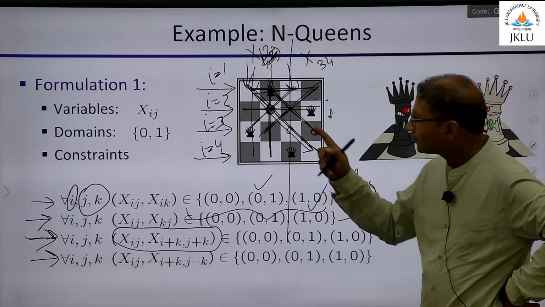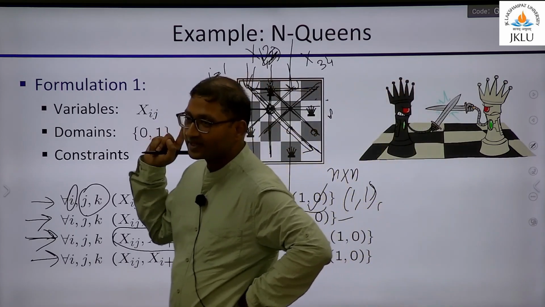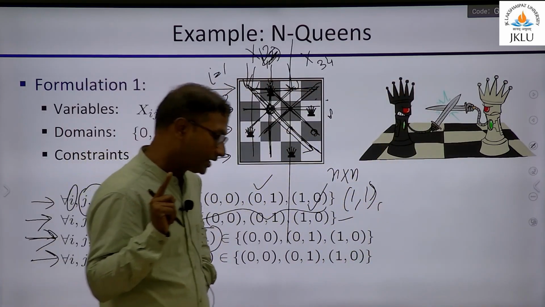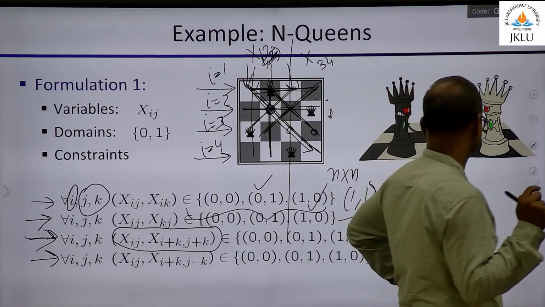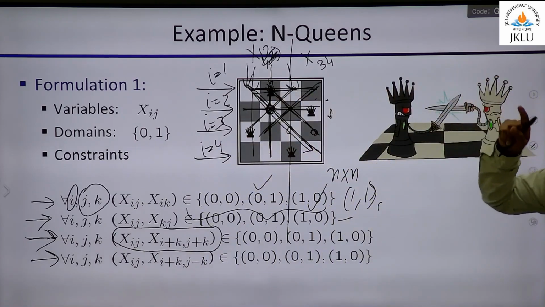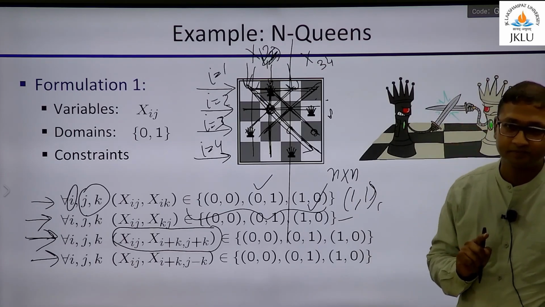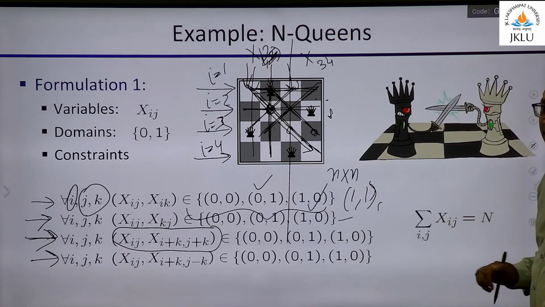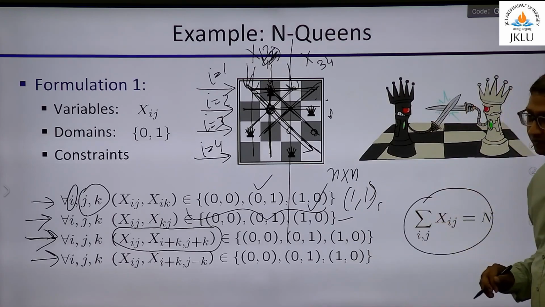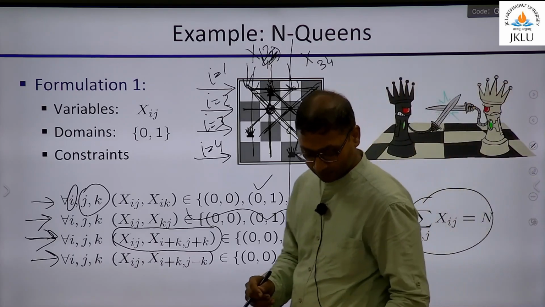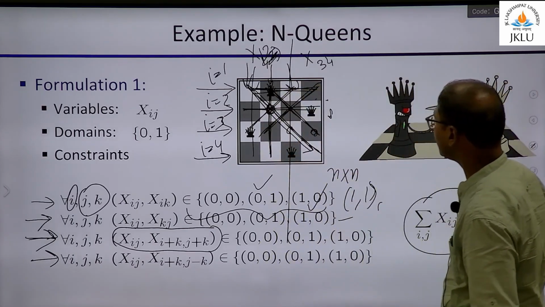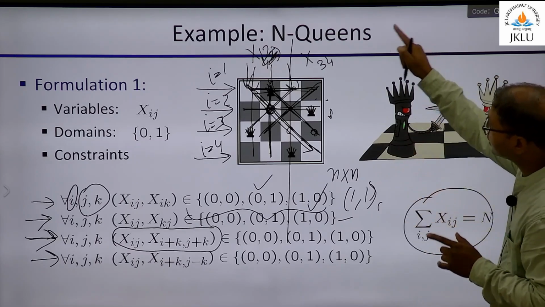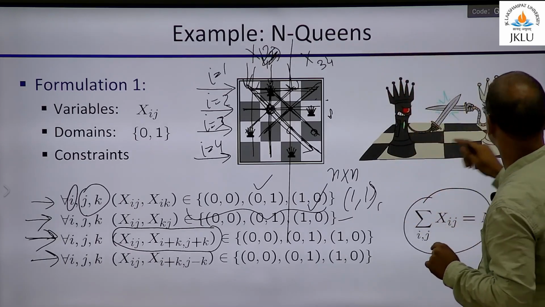Okay. What will be summation xij for all ij? It has to be n, right? So this is an important thing. Trivial, we know it, but we forget to incorporate this. So this is the formulation of our CSP for n queens.